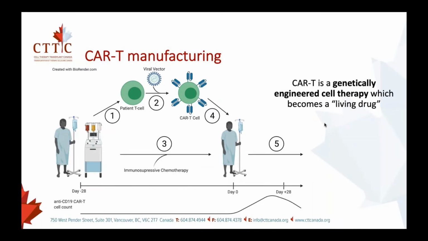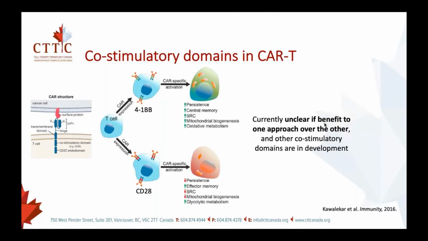And then after the cells engraft in the body, they expand, typically within the first 2 weeks, and then subsequently contract a bit over the next couple of weeks, and hopefully enter a persistent state where these cells may last in the body for a longer period of time. So it's important to ensure that your patients know that CAR T is a genetically engineered cell therapy, which has become a living drug.